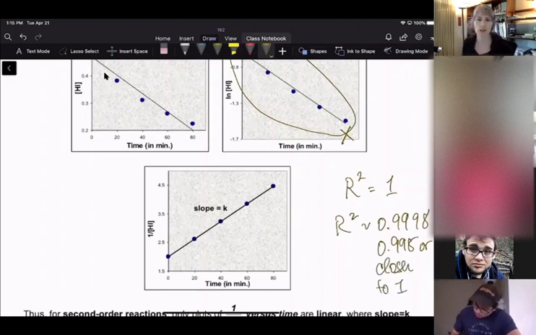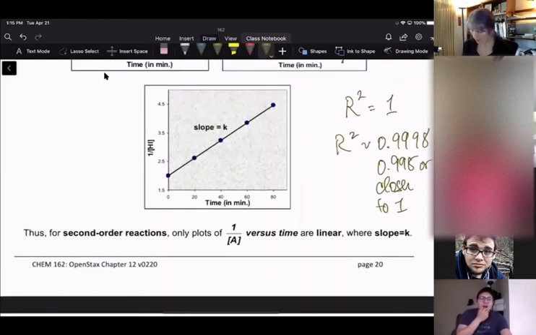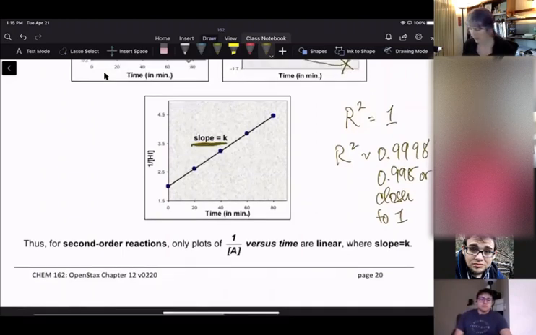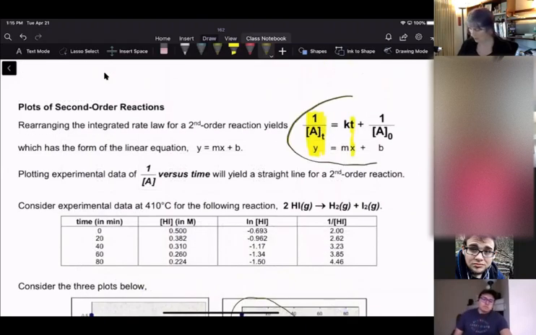The r squared value tells us how close they are to the line, and it's taking the distance of every point and minimizing that from our regression analysis. Okay, so if we get a line for the 1 over concentration versus time, then our slope will be k. And that information falls right out of the integrated rate laws.